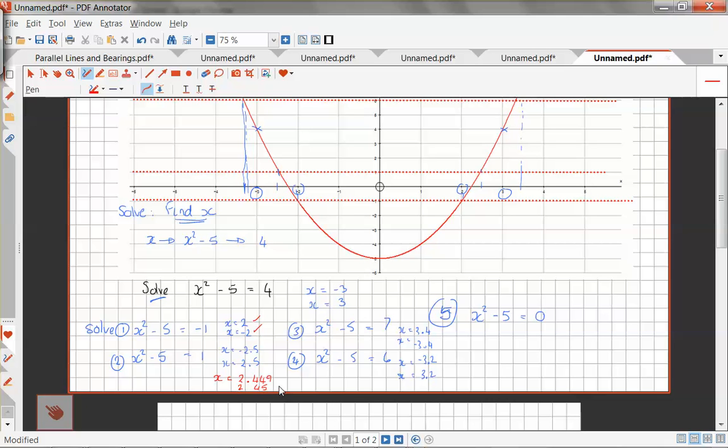So we weren't far off with our graph. What about the 3.4 and minus 3.4? It's 3.46. To 2 decimal places, like I've asked, 3.46.